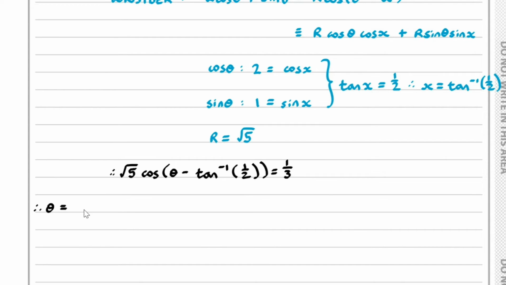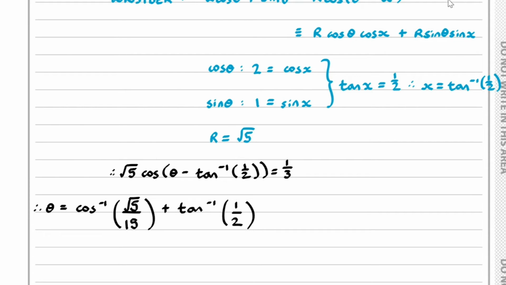So theta is equal to the arc cosine, the inverse cosine of, well, here we've got root 5 over 15 plus the inverse tangent of 1/2.